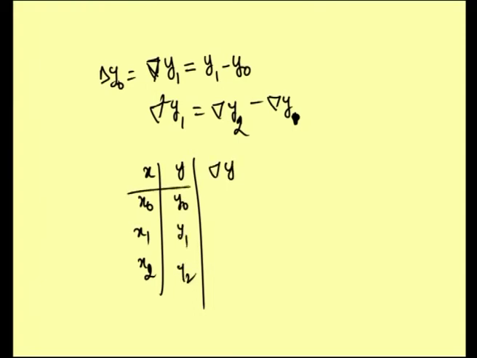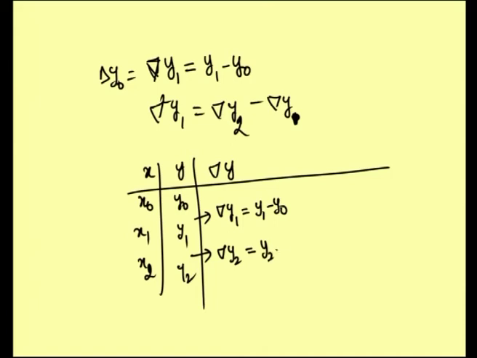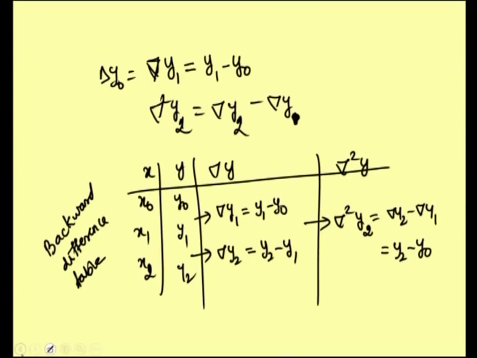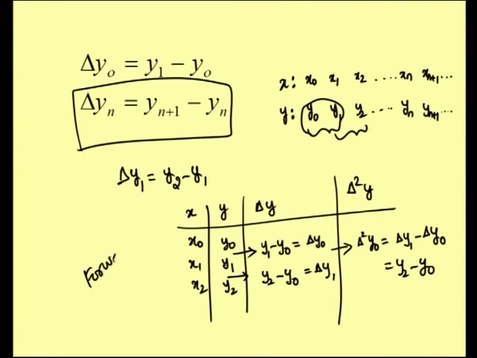So, nabla y1 is equal to y1 minus y naught, and nabla y2 is equal to y2 minus y1. Then nabla square y2 is equal to nabla y2 minus nabla y1, and this is actually y2 minus 2y1 plus y naught. Okay, this is a backward difference table, and the previous one is a forward difference table.